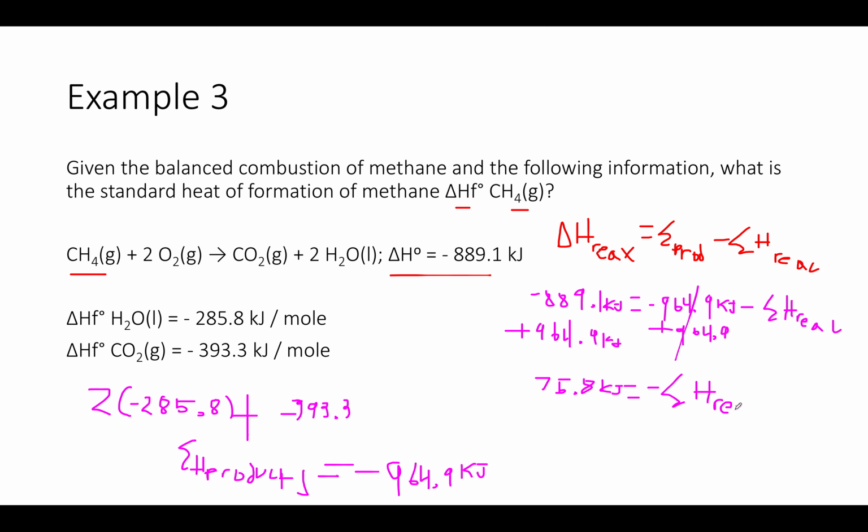So that is a little bit of a problem because we have this negative sign here. So I'm going to multiply the entire equation by -1.